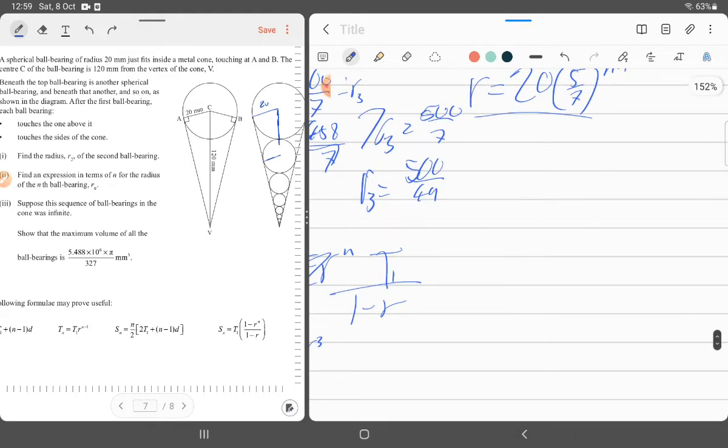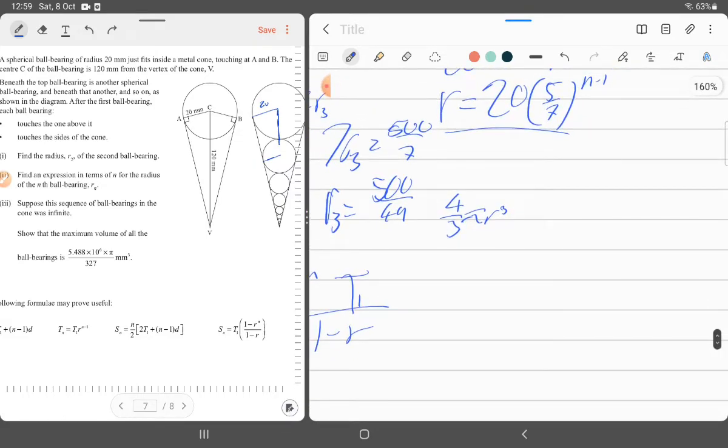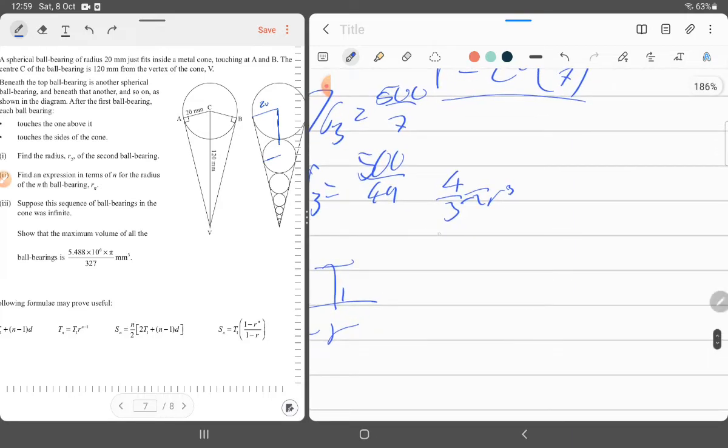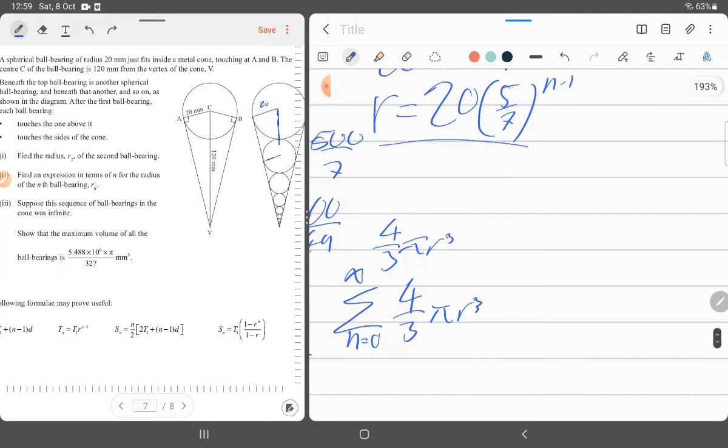Right, is it just 4 over 3 pi r cubed? Let me just see. So it'll be from n equals 0 to infinity of 4 over 3 pi r cubed times 5 over 7 to n take away 1 all cubed.